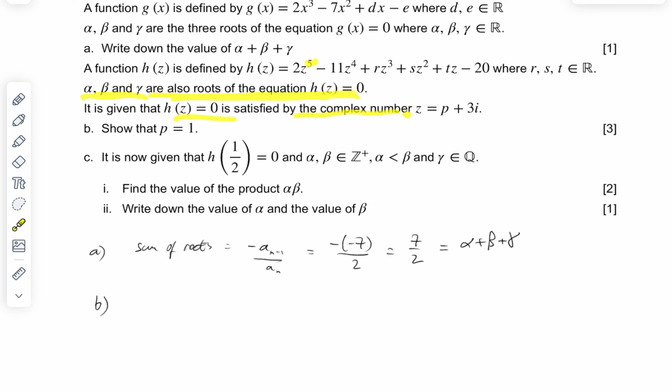It's given that z is one value, p plus 3i. It's a real polynomial, so p plus 3i is a root. Therefore, p subtract 3i is a root.